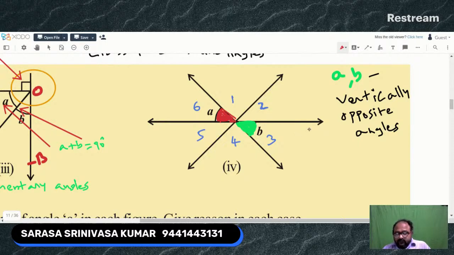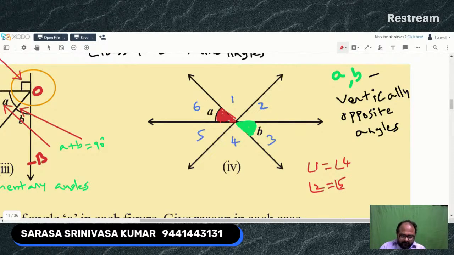Angle 1 equal to angle 4. These two are vertically opposite angles. Angle 2 and angle 5. Do you know that the vertically opposite angles are equal?